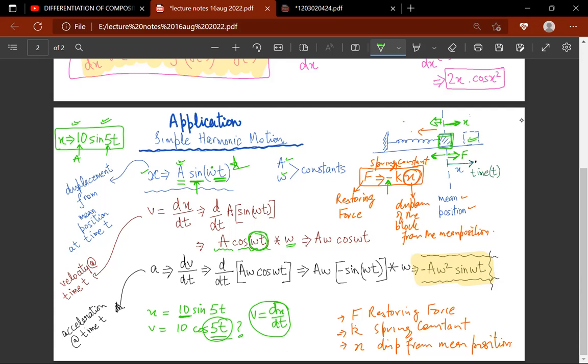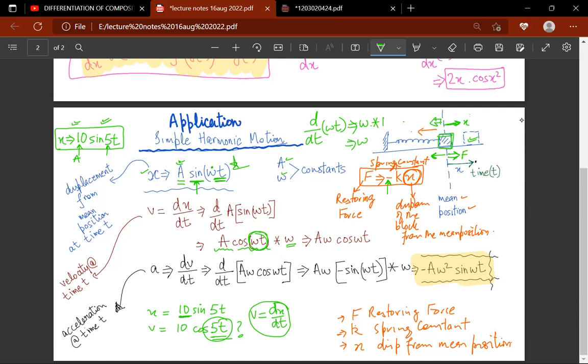If there is a doubt, you can write this as d by dt of omega t. Because omega is a constant, इसलिए omega ऐसा ही रहेगा. And dt by dt जो है वो 1 हो जाएगा. That is why the answer is omega. Are we clear?